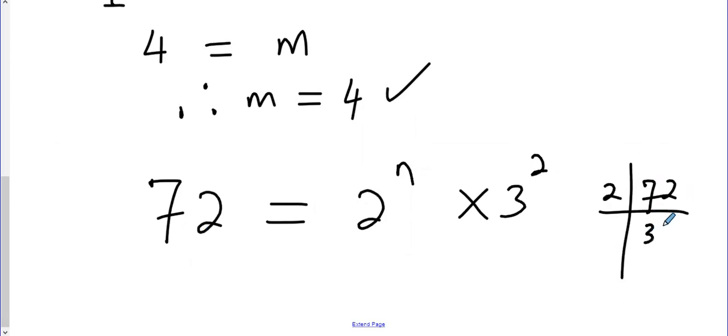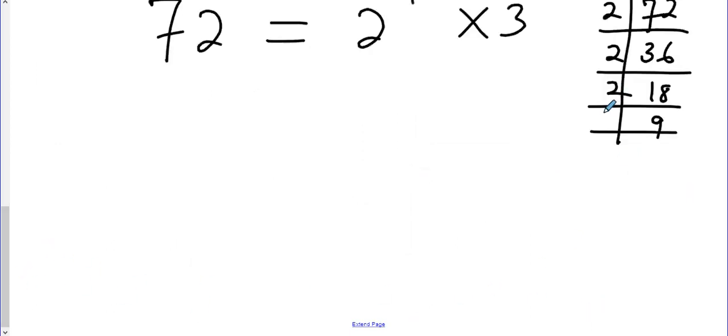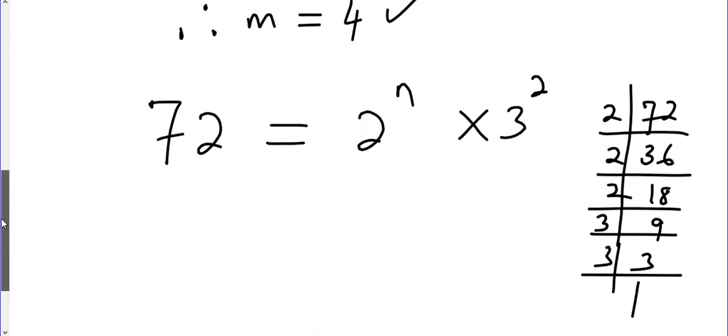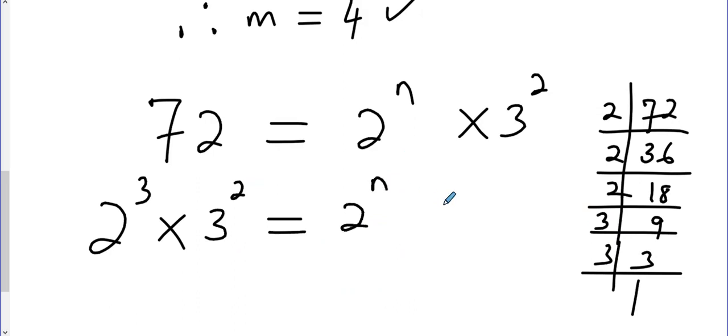We have 2 times 36, 2 times 18, 2 times 9, and 3 times 3, and then 3 times 1. So you have 3 twos. So 72 is 2 to the power of 3 times 3 to the power of 2. And this will equal 2 to the power of n times 3 to the power of 2.